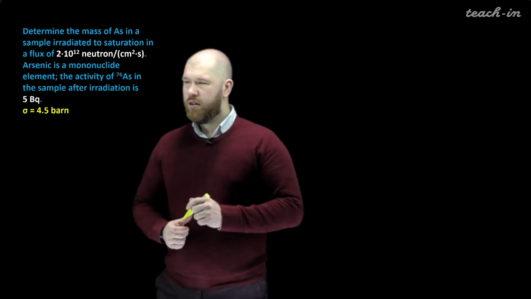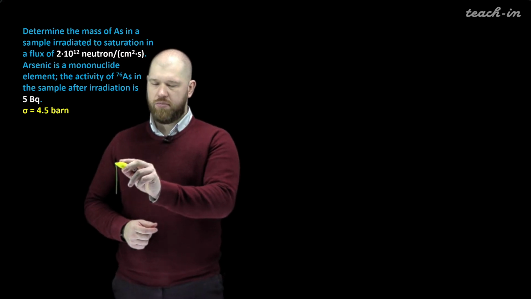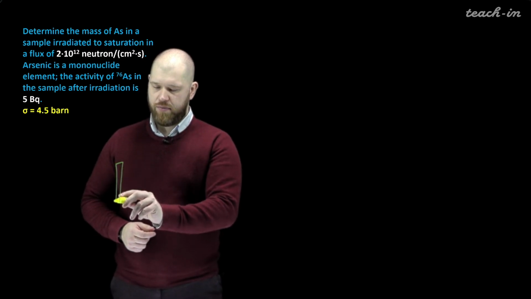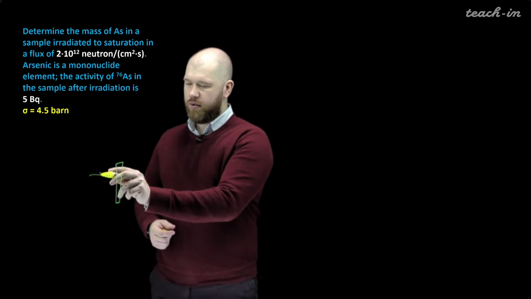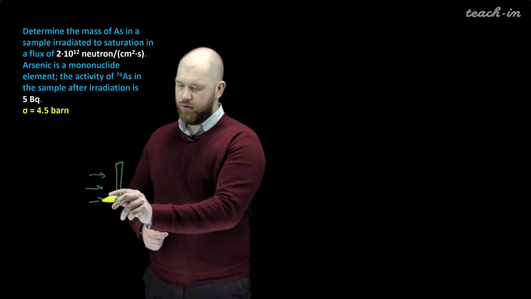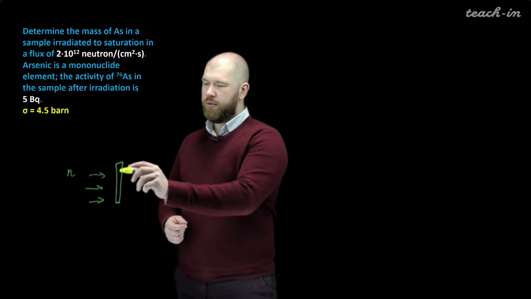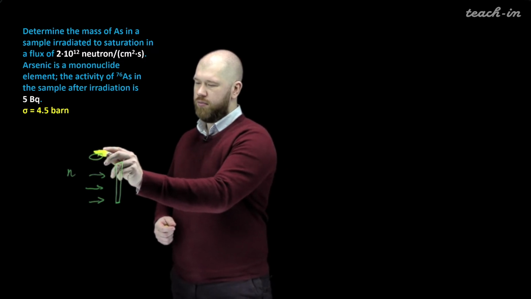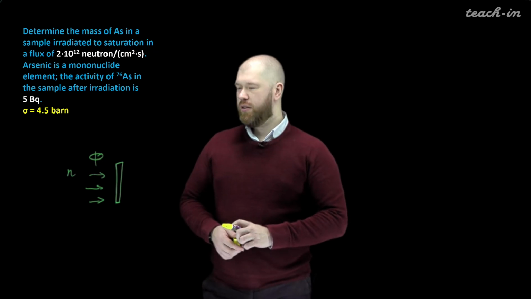So imagine that we have some object, some target that is irradiated with a flux of neutrons. So they are going here, and the flux we will mark as phi.